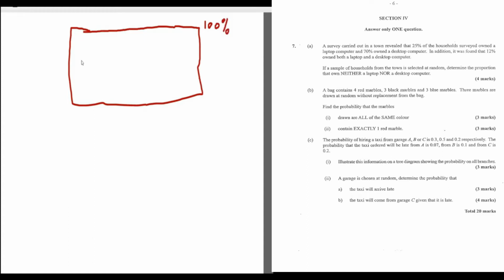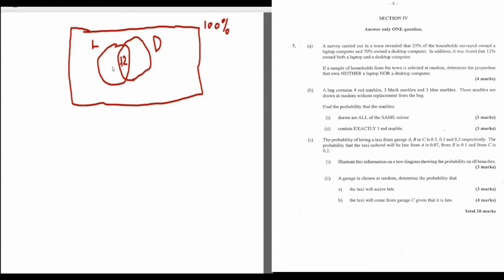They told us that a certain amount own a laptop computer, which I'll use L for, and a certain amount own a desktop computer, which I will use D for. 25% own a laptop. And 12% own both, so this is 12.